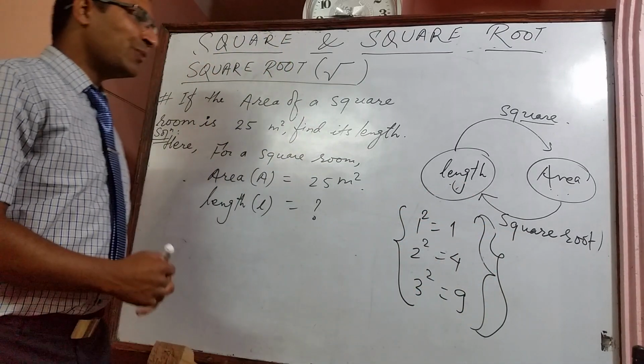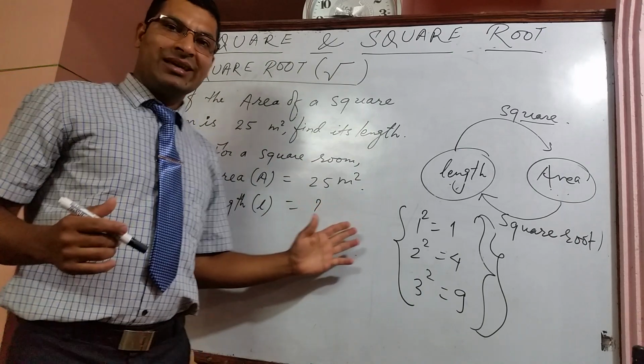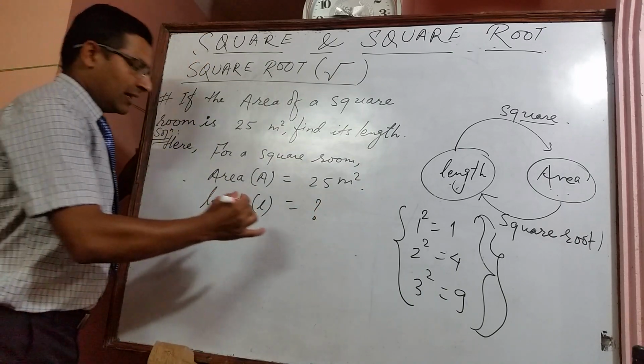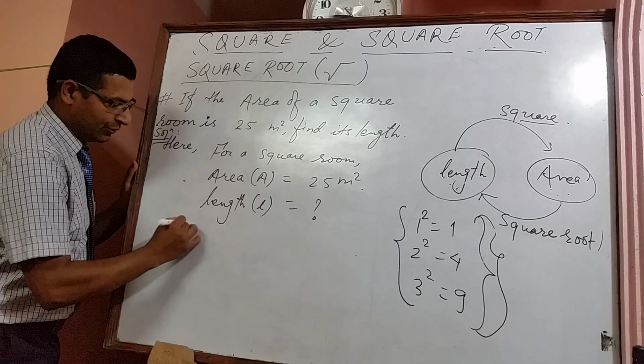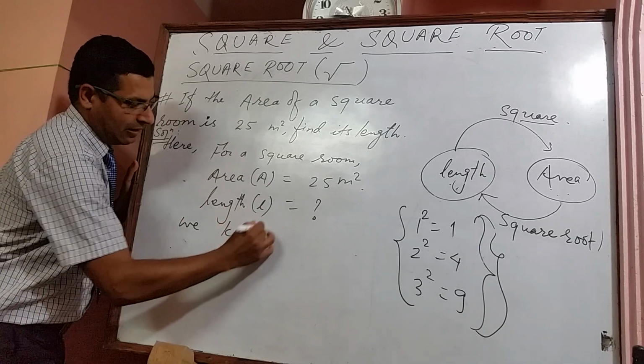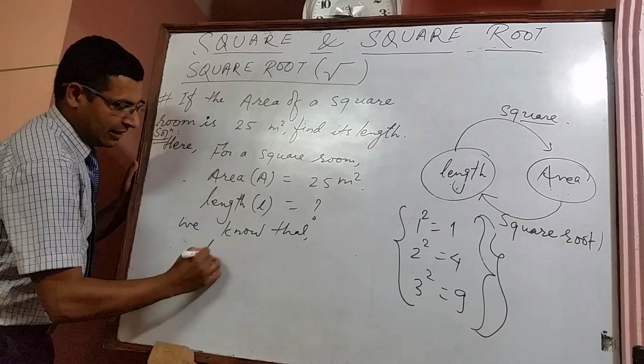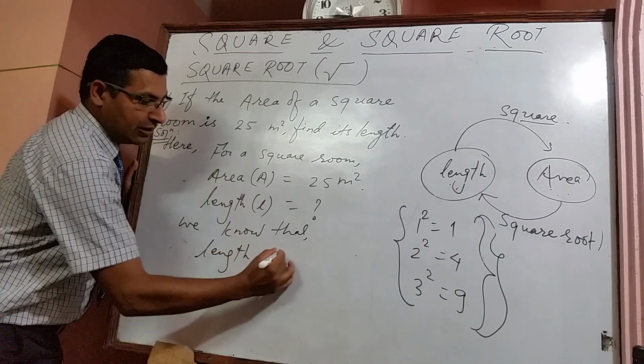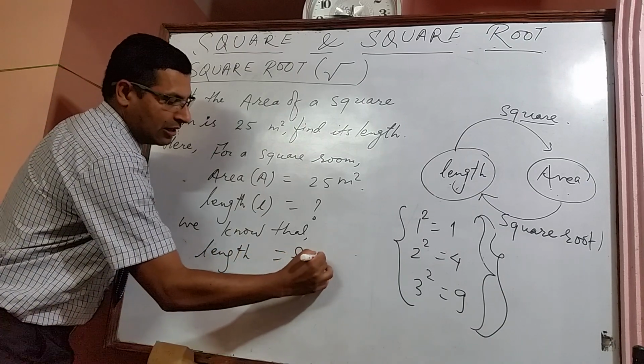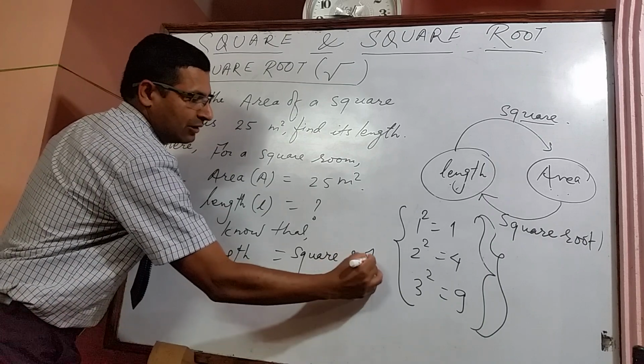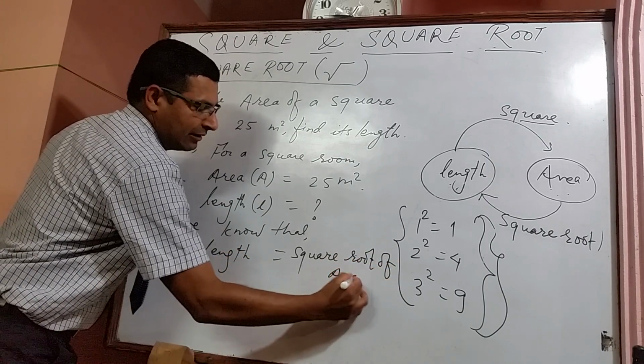Like this, we can find the length. You see here, we know that length equals the square root of area.